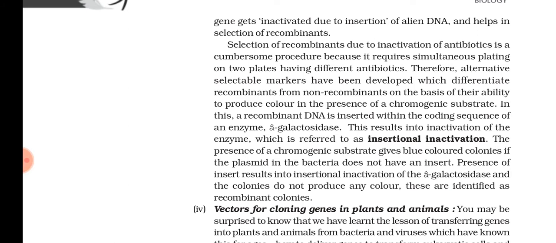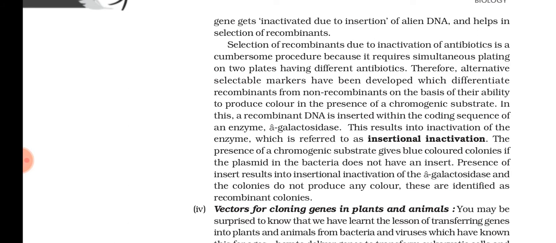If there is an insert, or if a foreign gene is inserted into that particular gene which produces the enzyme needed for the blue color, what will happen? The gene will get inactivated and the enzyme cannot be produced. And this will be identified as a recombinant colony.